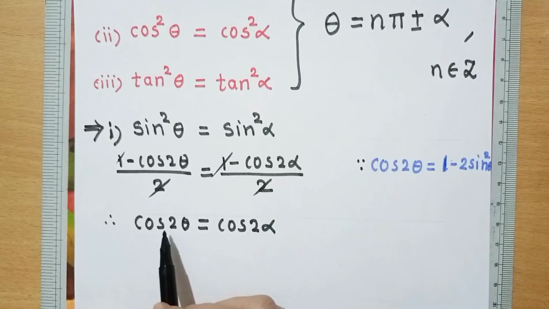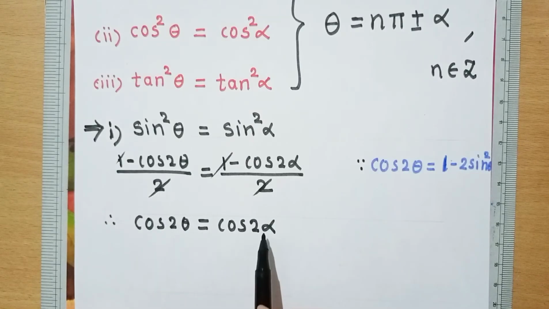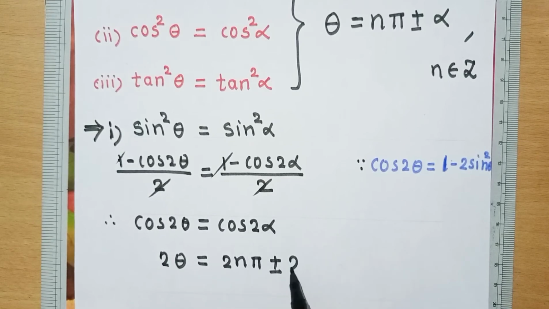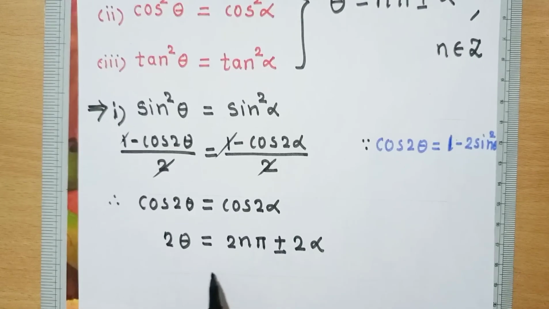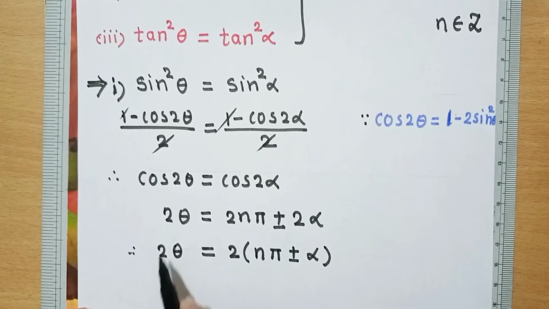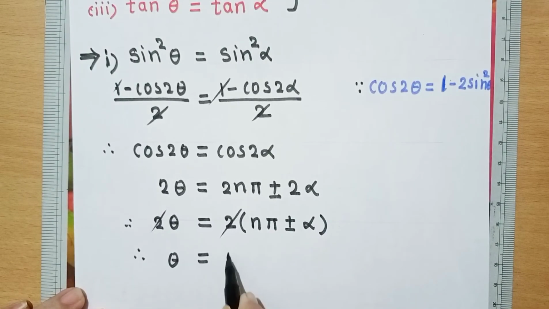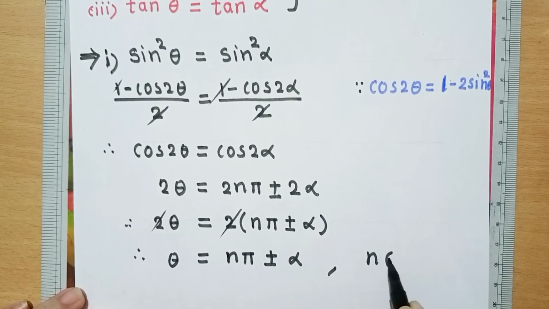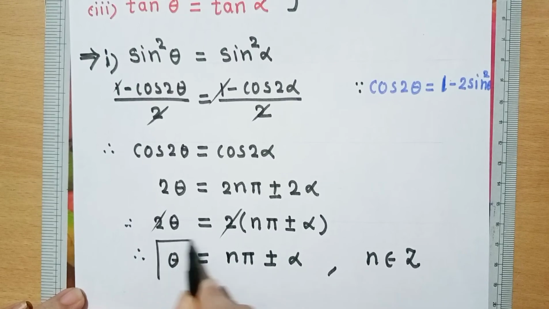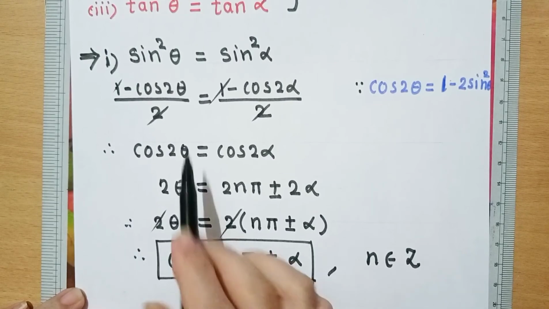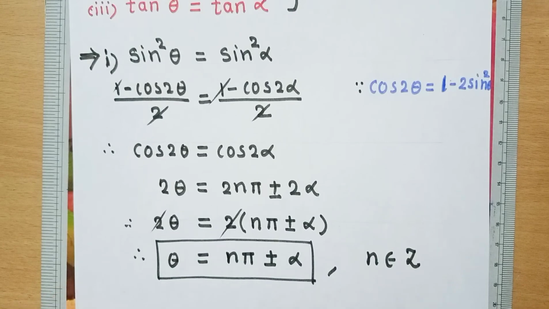So by the second theorem we will use cos theta is equal to cos alpha here. So we have this, means 2 theta equal to 2n pi plus minus this angle, means this is 2 alpha. Now from these two terms take 2 common. Now 2 gets cancelled from both sides, and therefore theta is equal to n pi plus minus alpha, where n belongs to Z. This is the general solution of sin square theta equal to sin square alpha.